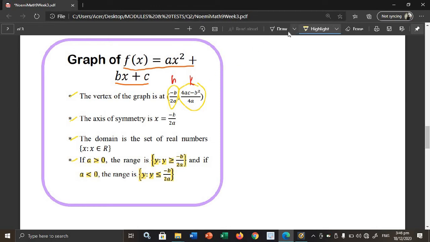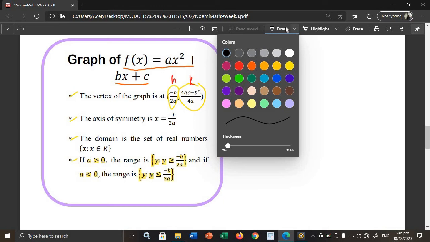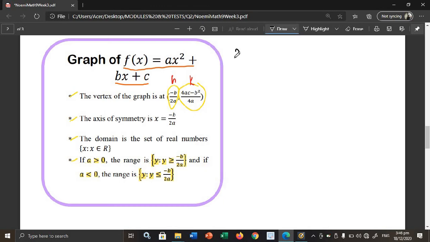So, paano po yan, ma'am? I will give an example. Let's say we have this quadratic function in standard form. So we have x squared plus 2x plus 5. Okay, let's say we have that. So, we will compute for the vertex.